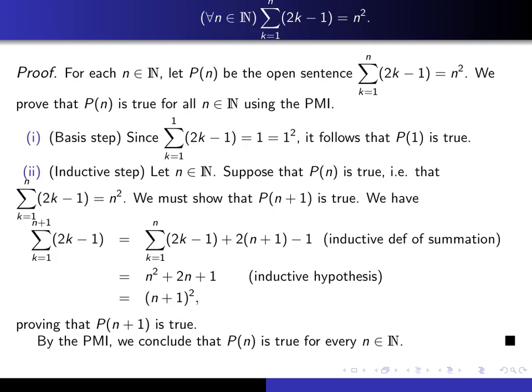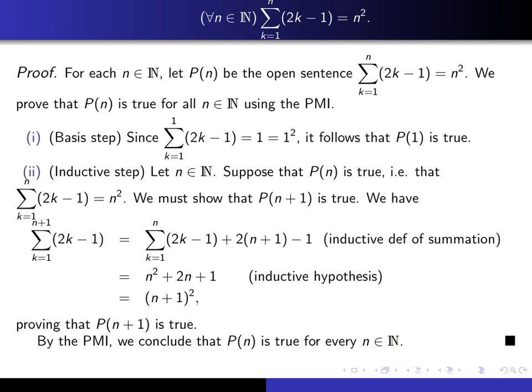And so I've proved that this formula is true if we replace n by n plus 1. So that proves that p of n plus 1 is true. So that's the conclusion of the inductive step. And so we have the right to say that by the principle of mathematical induction, we conclude that p of n is true for every n in the natural numbers.